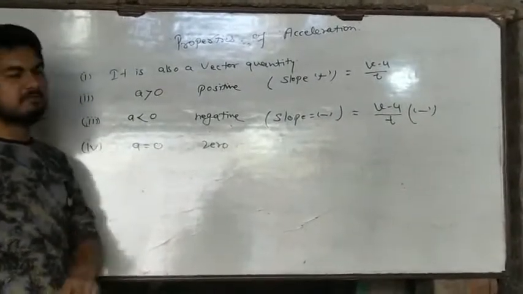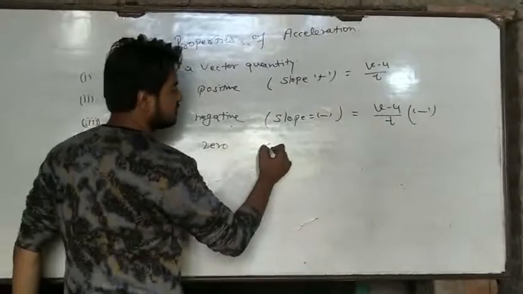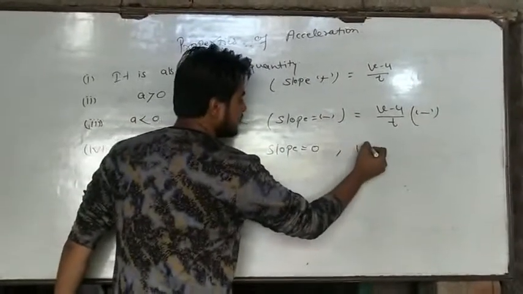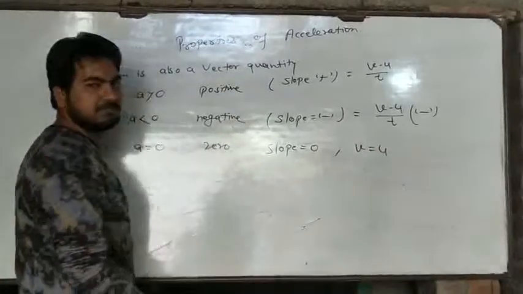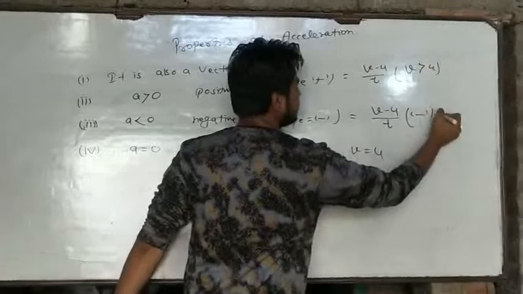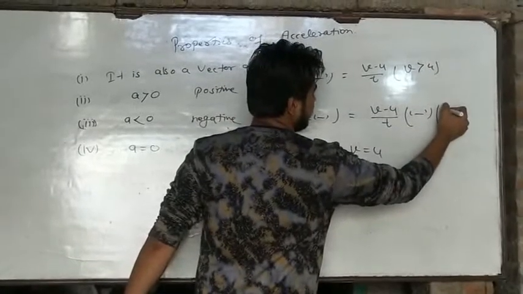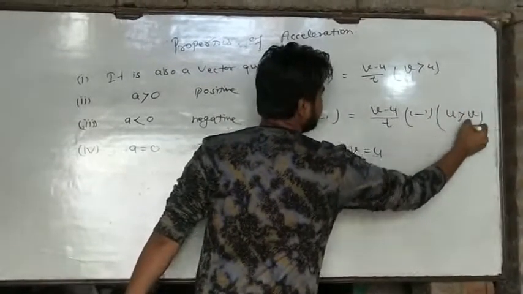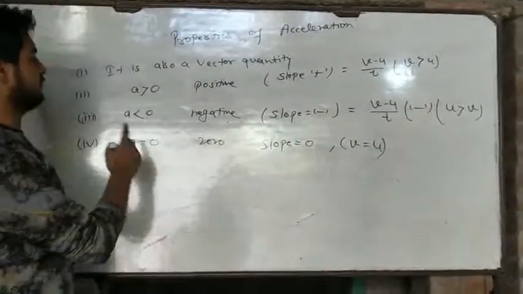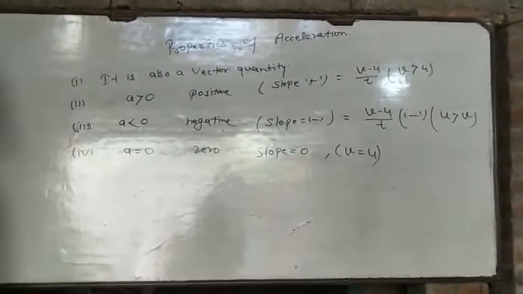Acceleration 0 means slope is equal to 0, means v is equal to u. Here v is greater than u, u is greater than v, and here v is equal to u. Write down this. This is the property of acceleration.